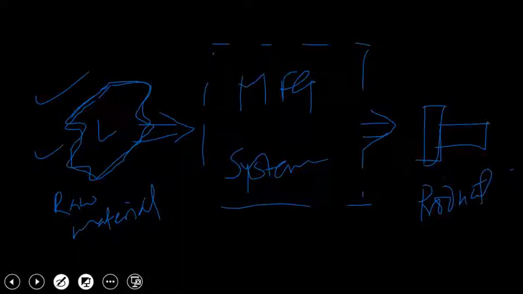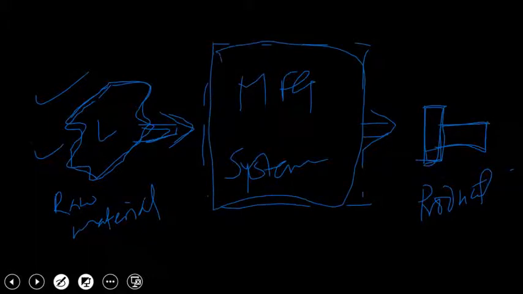That is the most you can do with it. If you are so angry with somebody, you can throw it at his face. But if you want to use it for some better application, you need to convert it into some useful shape, and that can be done by this manufacturing system.